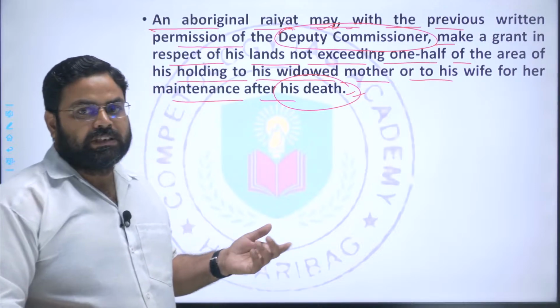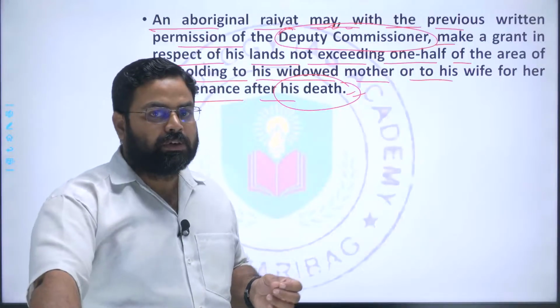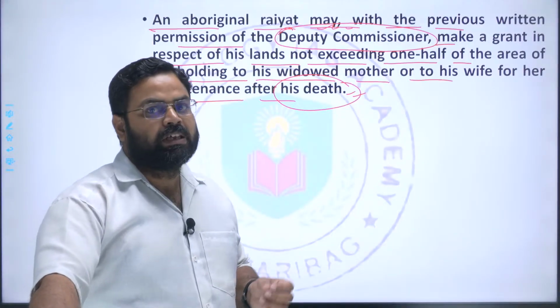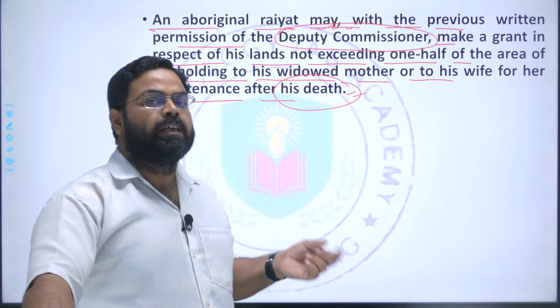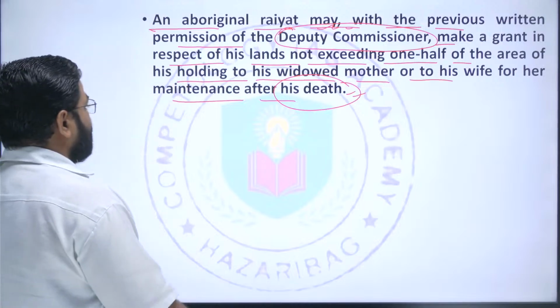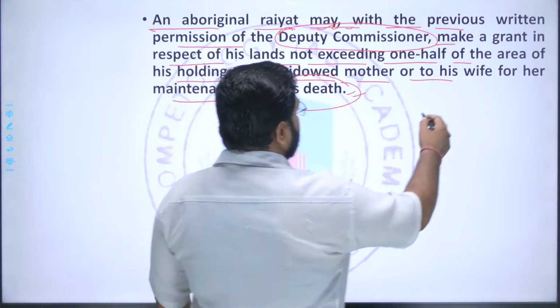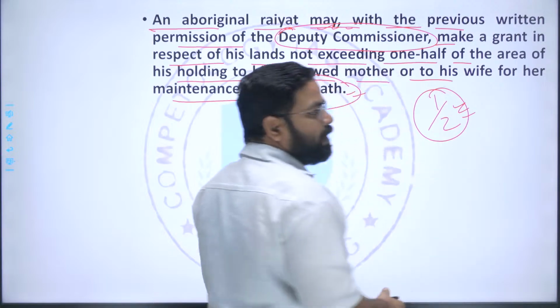So in such case, if the son wants to ensure a good livelihood resource for his mother, and wants to give some portion of his land, then he can do that, but with the prior permission of DC, and only half of his land can be gifted to his mother.